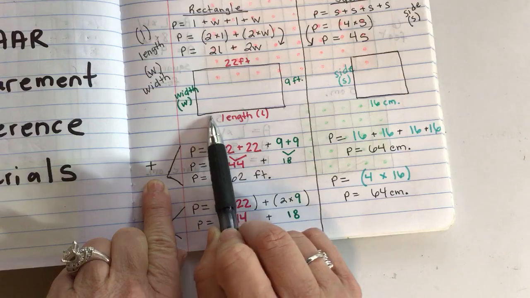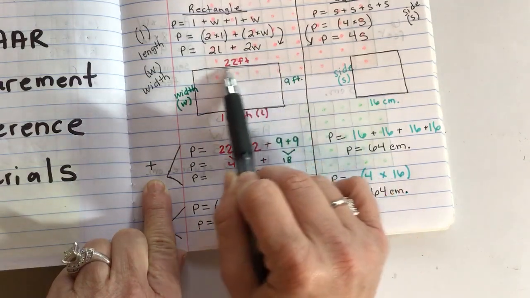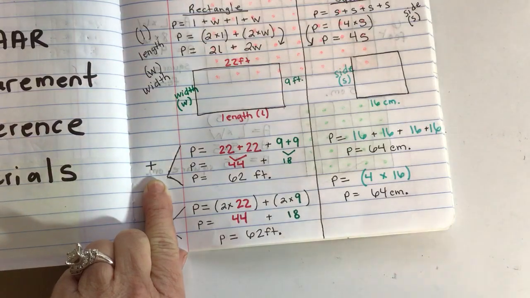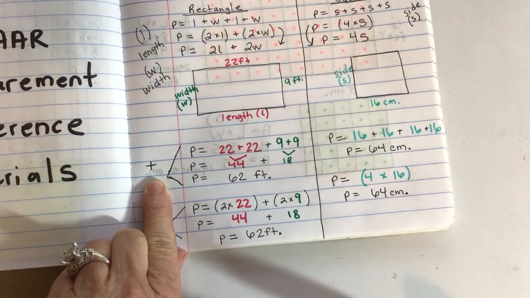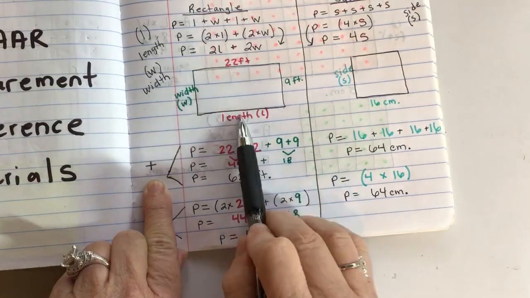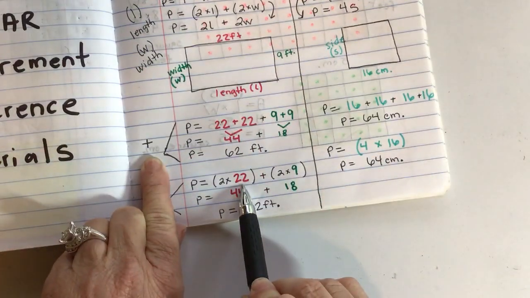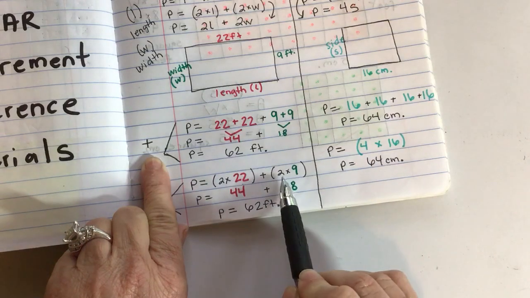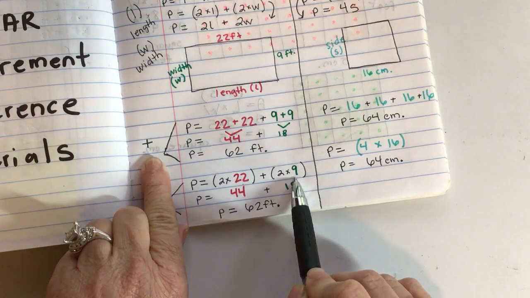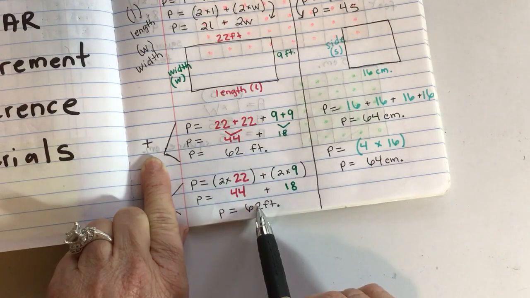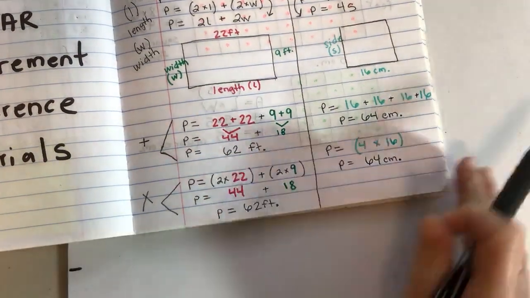That means if you were going to walk around this area right here, it would be 62 feet. If you want to do it the multiplication way, I can take 2 times 22 because that was the length, and 2 times 9 because that was the width. So I'm adding 44 plus 18, I get the same answer, 62 feet, okay?